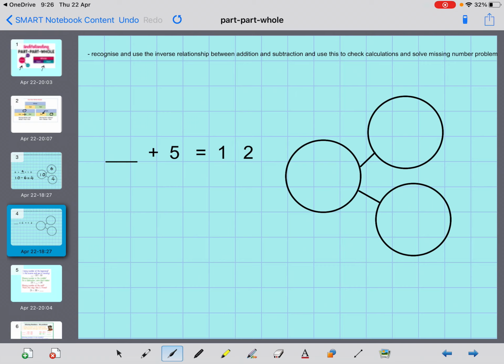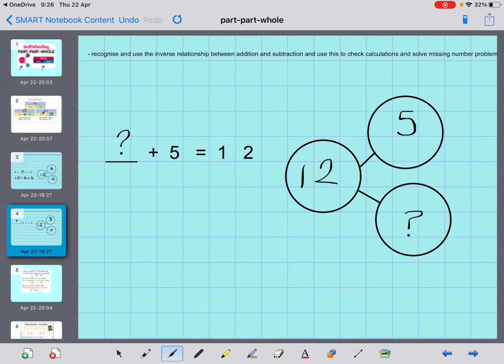Here my missing number is at the beginning. Something plus 5 equals 12. So my greatest number here, my answer, my whole, is 12. I know that 5 is one of my parts, but I don't know the other part yet that goes with 5 to make 12.